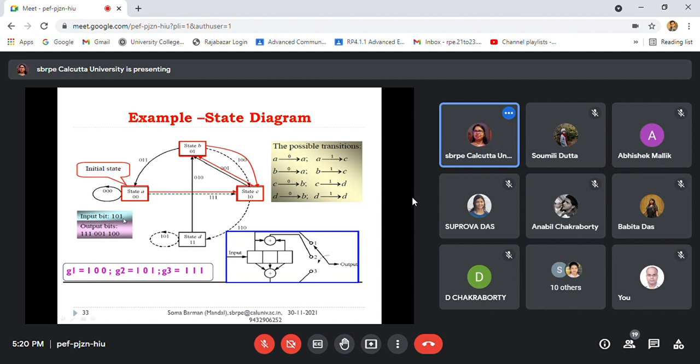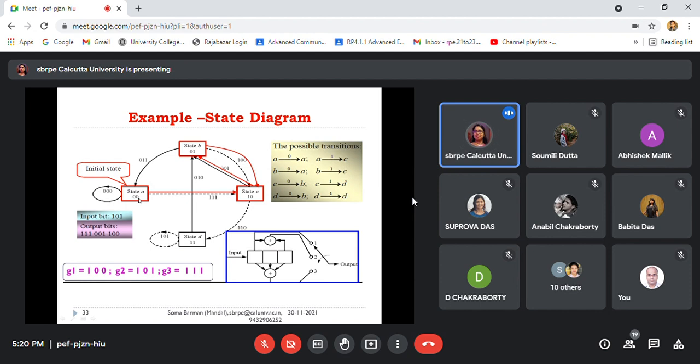How? Suppose the first input is 1. Always you have to start from the state 0 0, that means state A, because initially all the shift registers are in the 0 0 state. So the memory is 0 0 and one input is coming.